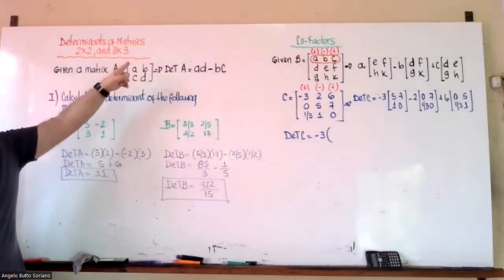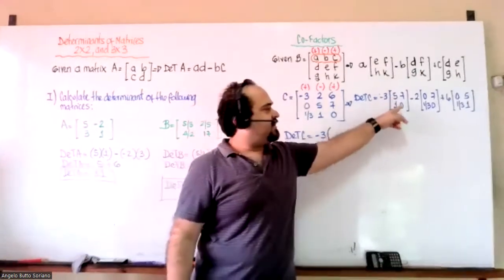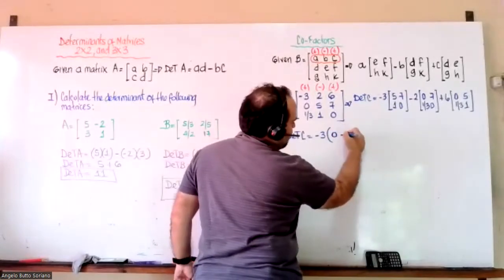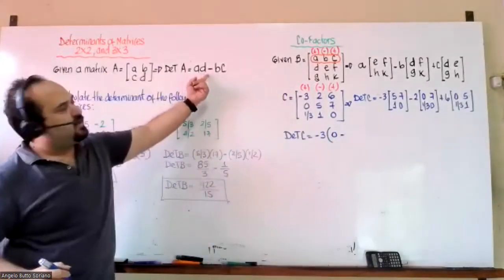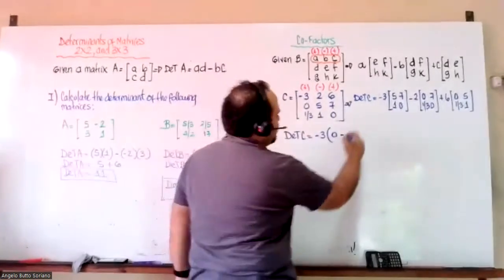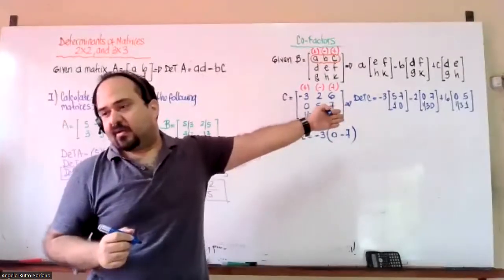Remember the cross multiplication difference. 5 times 0 will be 0, minus, because of the formula, 7 times 1 will be 7. And we have the first part.